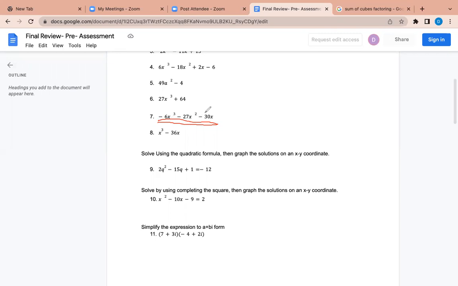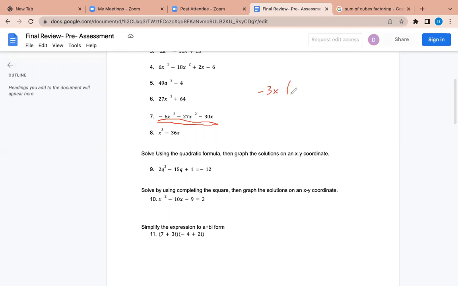Remember, always GCF at first. If there's a GCF, a greatest common factor, you would want to factor that out. So I'm thinking negative 3x would be your greatest common factor, right?